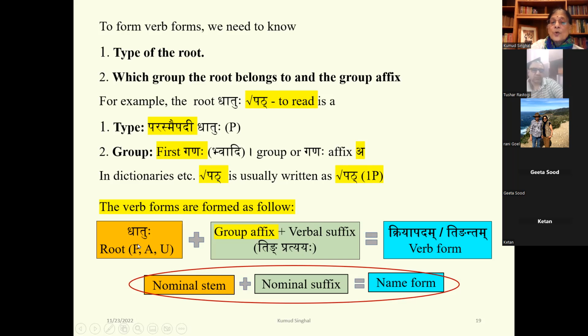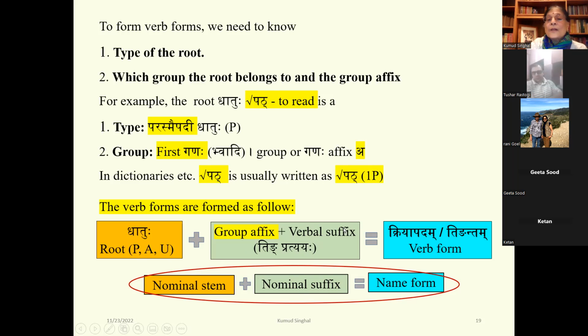Here you have to know what kind of a dhatu it is. The 24 nominal suffixes were the same; they didn't depend upon the gender or the ending letter.